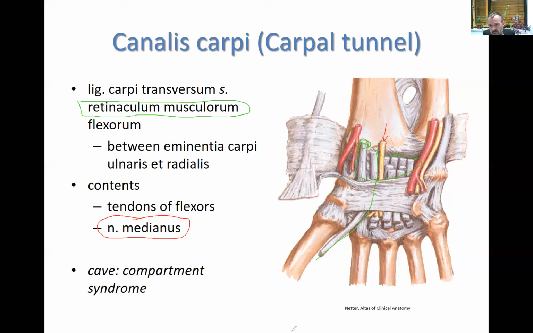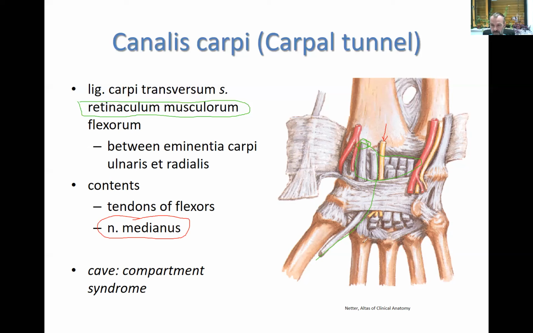And then later you start to lose also the motor functions, mainly the functions of the thumb. And it's tested by this. You ask to pinch something to take it into these 3 first fingers, yeah. And if you are not able to do it, you have tested paralysis of the median nerve.